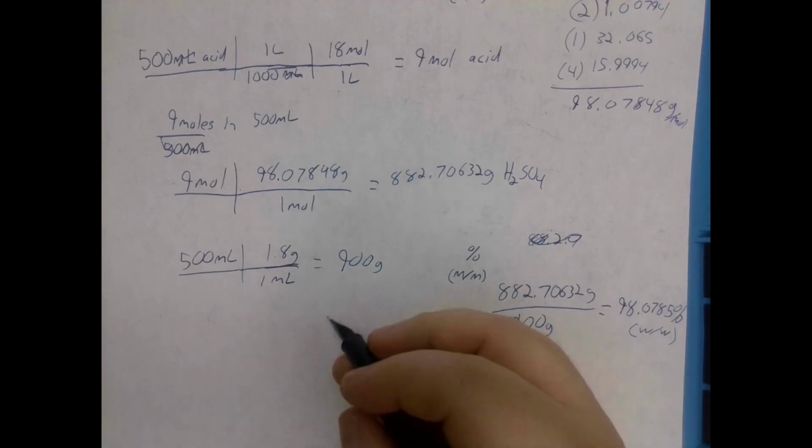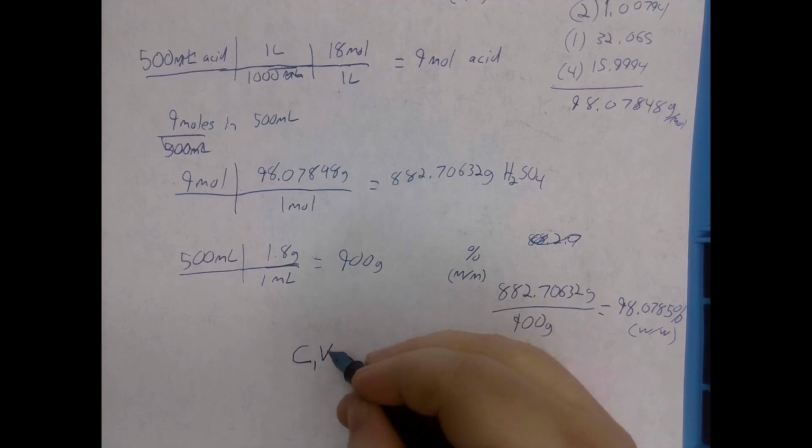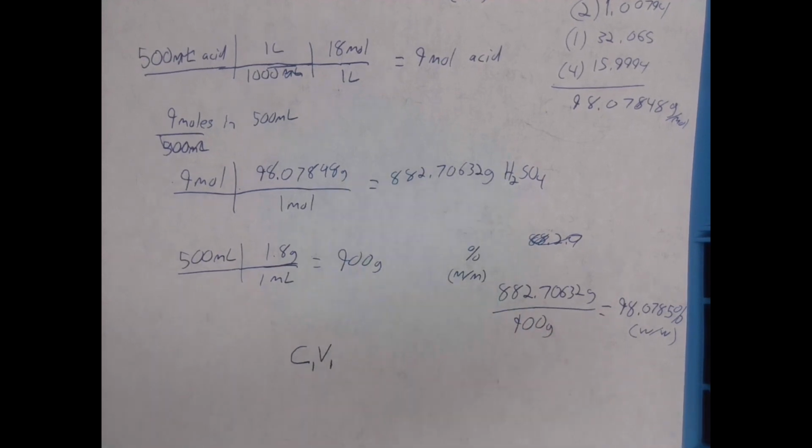And a nice trick is if you have the concentration times volume of one thing, that's a constant.